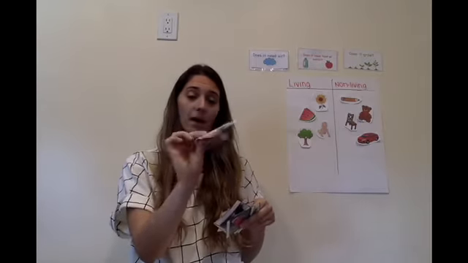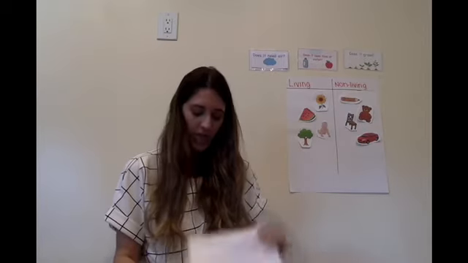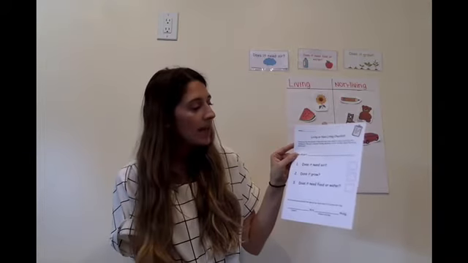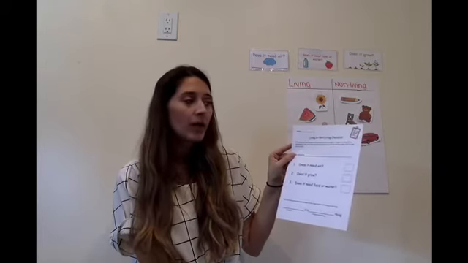So some people may have a bird, a rock, a baseball, a mouse, and with your object, you're going to use your checklist to figure out if it's living or non-living. So when you get your sheet, you're going to write your name, and the directions say, use your checklist to help determine if your object is living or non-living.